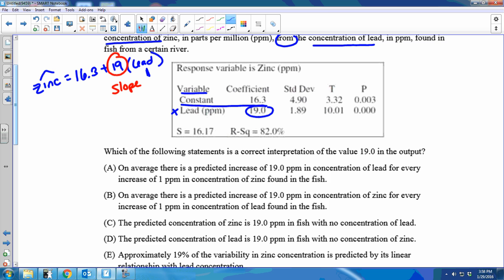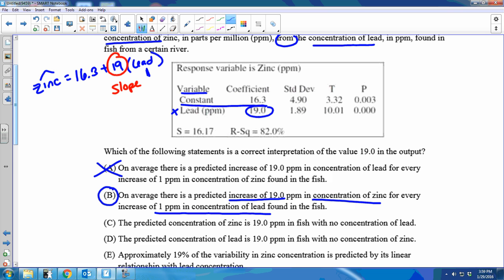This has it for every 1 unit of zinc. That's for every 1 unit of y. So that is backwards. On B, on average, there is a predicted increase of 19 parts per million in concentration of zinc for every increase of 1 part per million in concentration of lead found in the fish. That is exactly what you're supposed to say for slope. For every 1 x, there is an increase of 19 for y. Right? That's what you're trying to say.